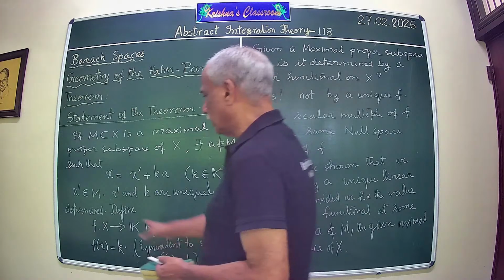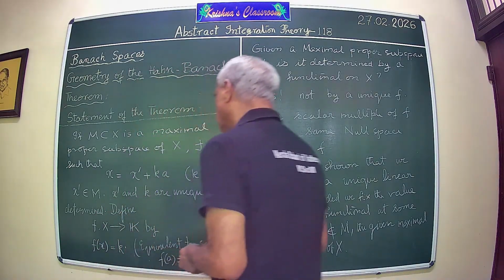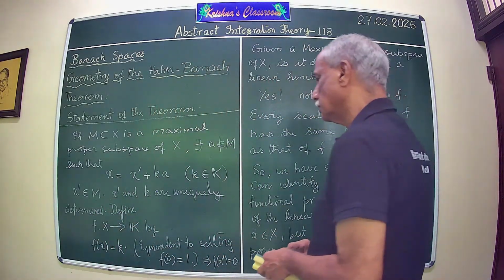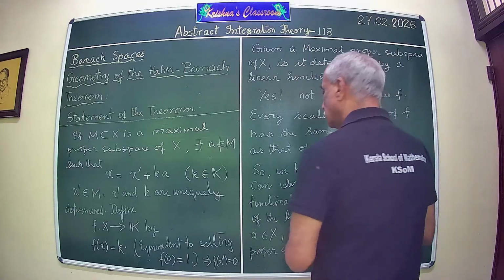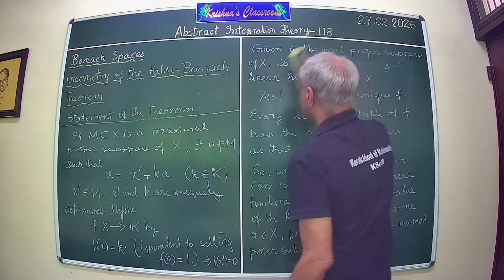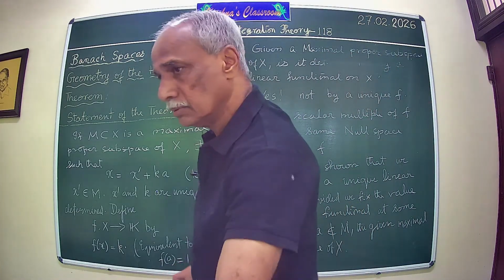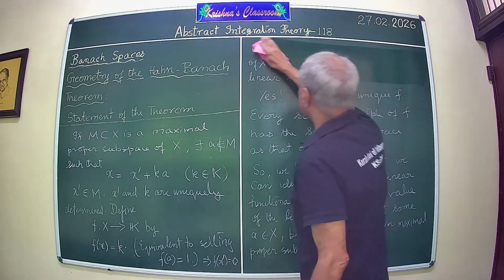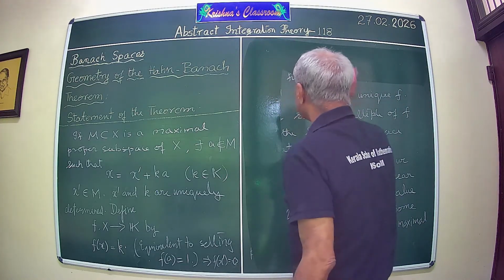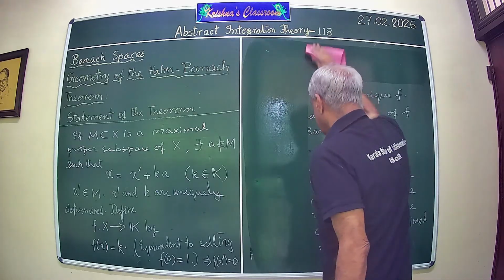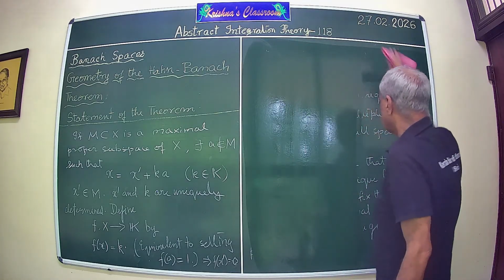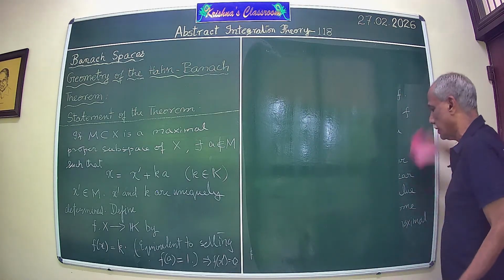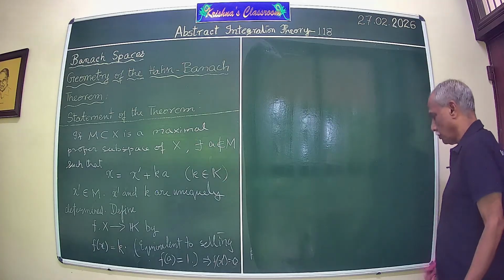This is how you define a linear function. Okay. Then one can show the following.